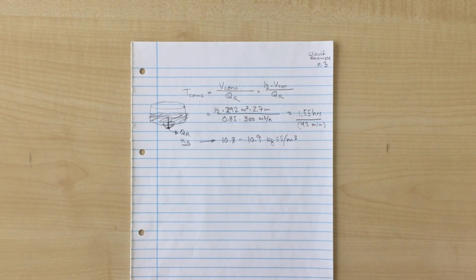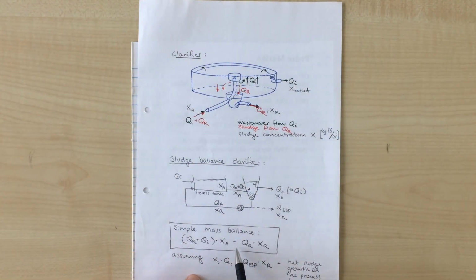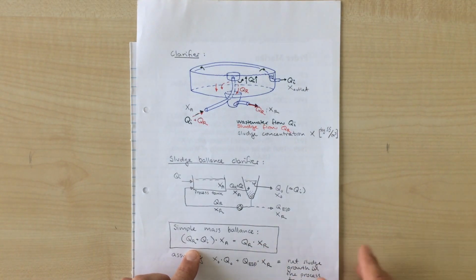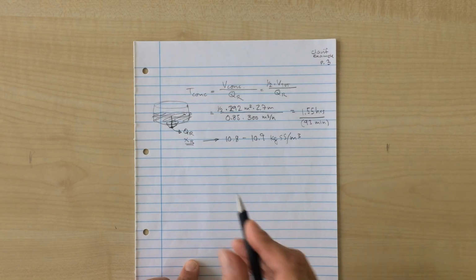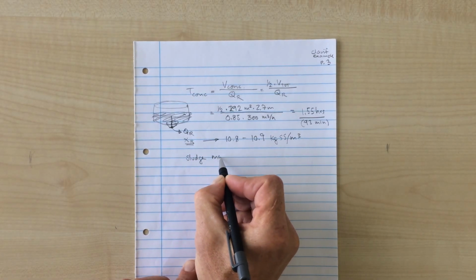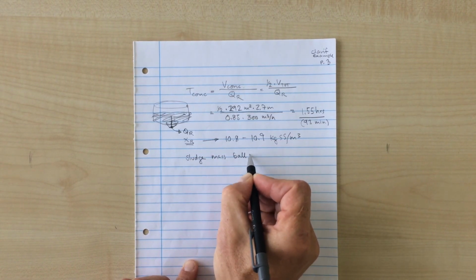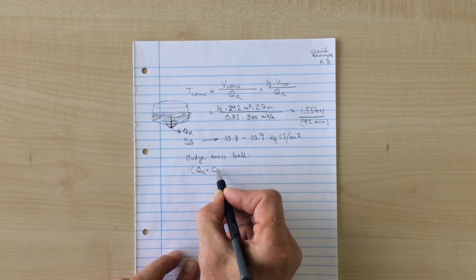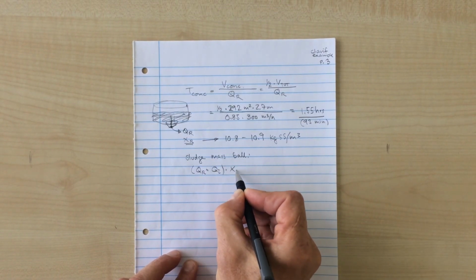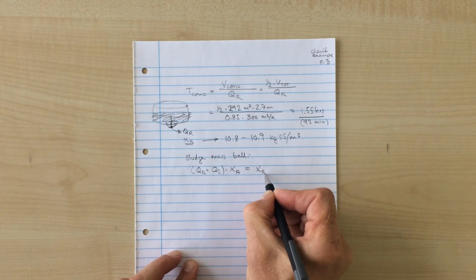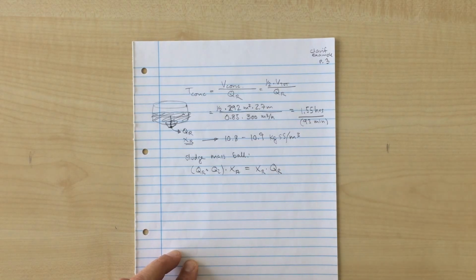Now I need to check if my sludge mass balance can be kept given this concentration of the return sludge. So my sludge mass balance says that my return sludge flow plus inlet flow times the concentration in the process tank should be equal to the return sludge concentration times the return sludge flow.